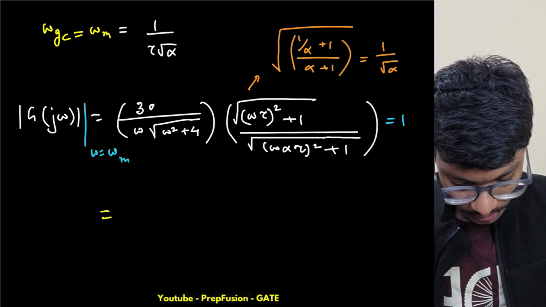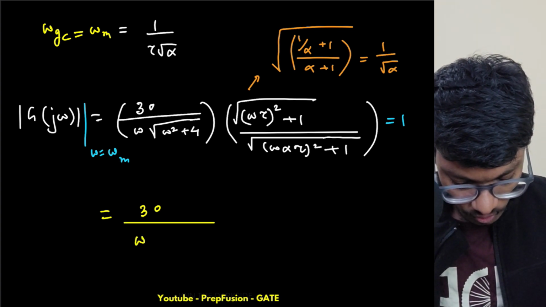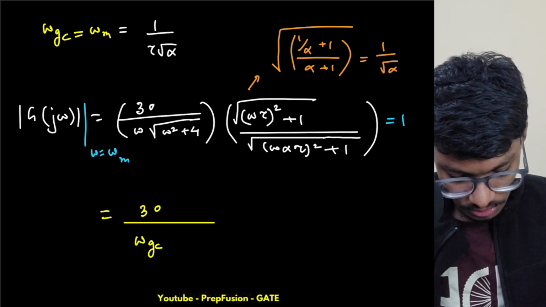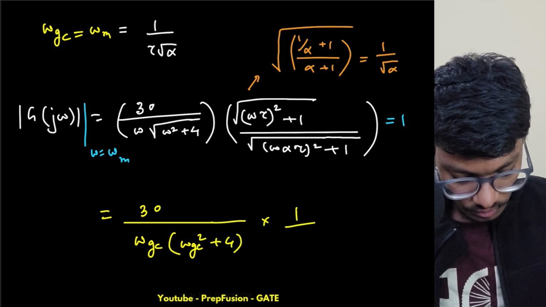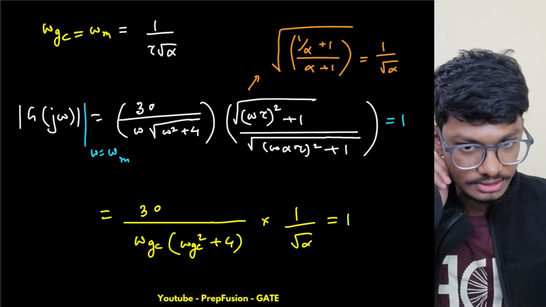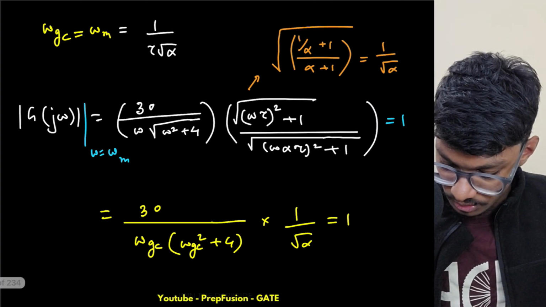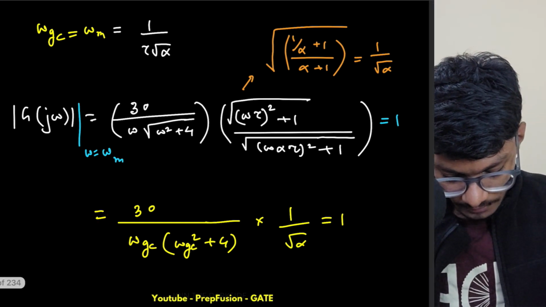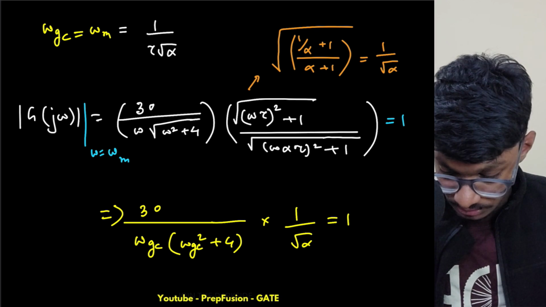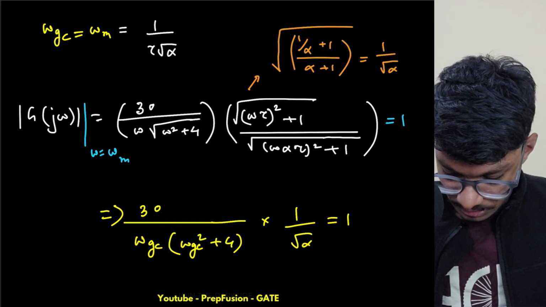So I can write 30 by omega gc into under root omega gc whole square plus 4 equals to 1 by under root alpha. Now alpha we have already found out is 0.27, so I will put 0.27. I'll take the under root, I will take it to the other side, and the reciprocal, 1.92, and I will divide it with 30.